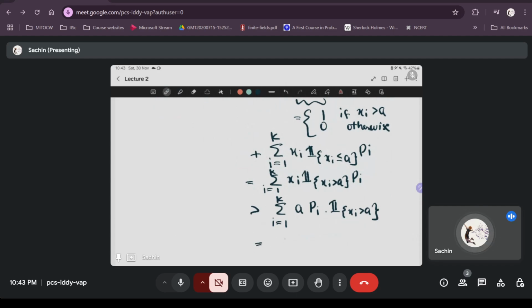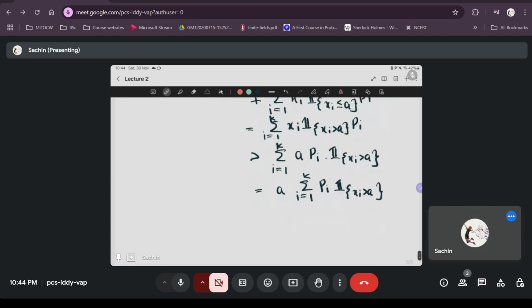But this is nothing but a sum of all the probabilities such that xi is greater than a, which is nothing but the probability of the set x greater than a, right?